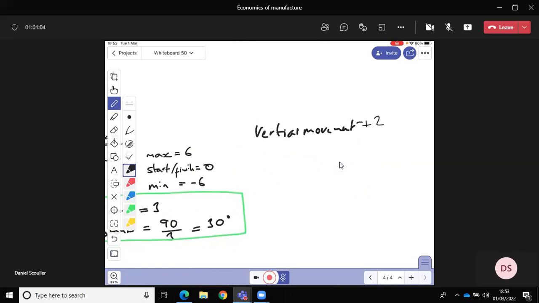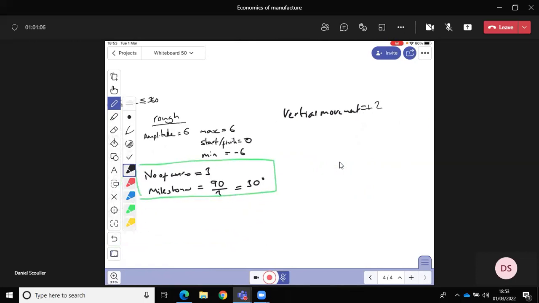So the vertical movement is equal to +2. That means every milestone we've got moves up the y-axis by 2 places. Every milestone we've got on the graph is going to move up the y-axis by 2 places.